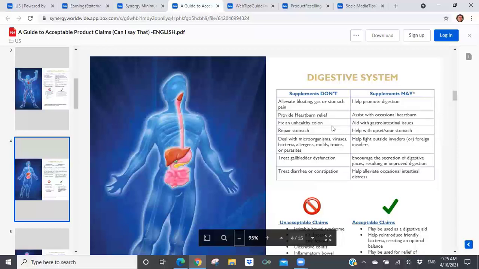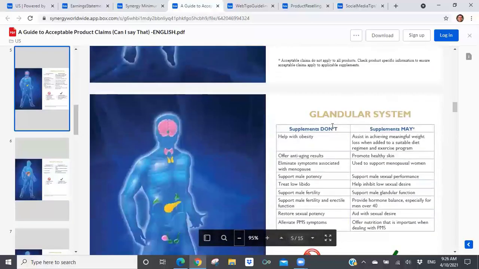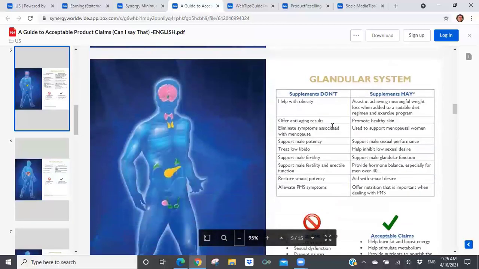It aids with gastrointestinal issues. Again, being familiar with this document, even printing it out and having it in front of you, helps you, especially if you're going to be marketing to people who have digestive issues. Continue on. Glandular systems.